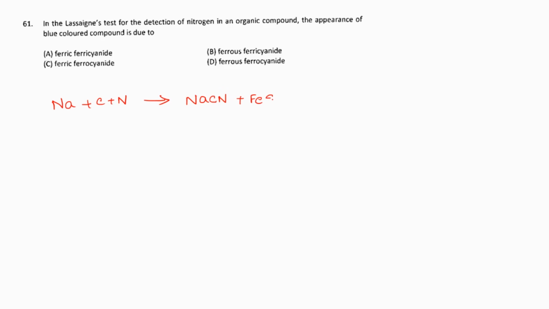When I react this with FeSO4, I get Na4[Fe(CN)6] plus Na2SO4, that's another product. So this is my sodium ferrocyanide.